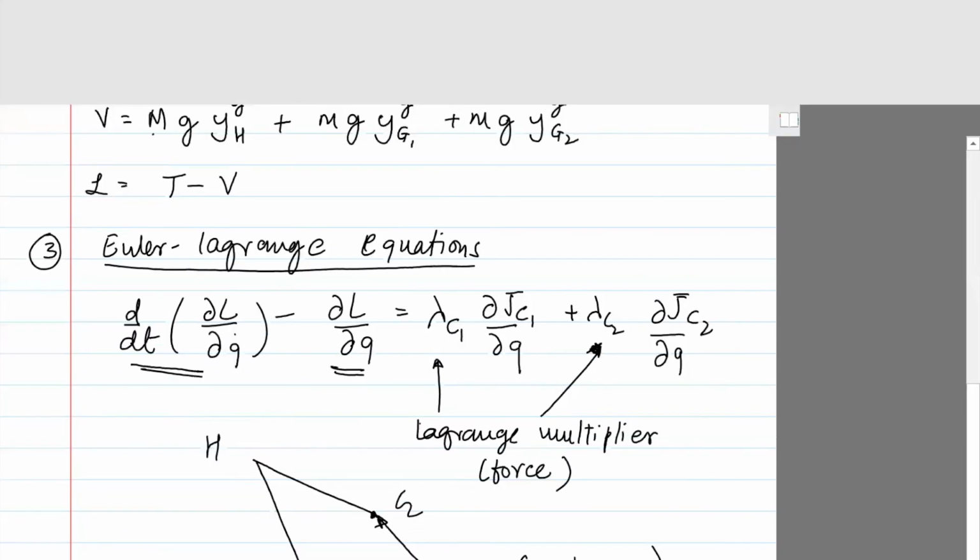Let me rewrite this formula again on the next page. So I write it as d dt dL dq dot minus dL dq equals, let me change the Lagrange multiplier to a force because that's what it is.